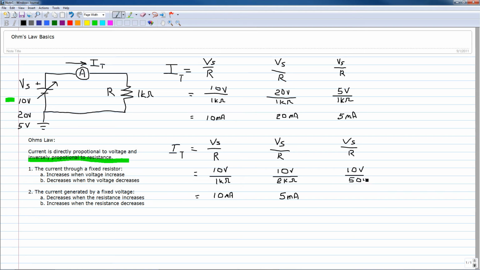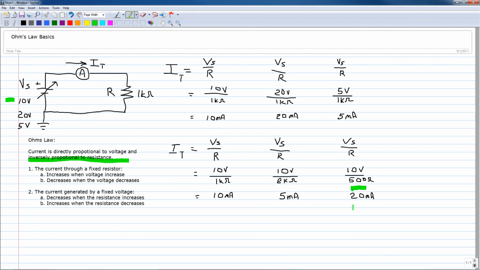Plugging that into our calculator will give us a current of 20 milliamps. So as you can see, by reducing the resistance by half, we have double the current.